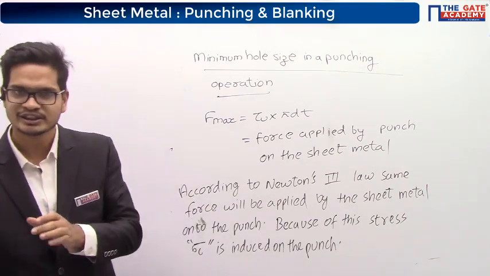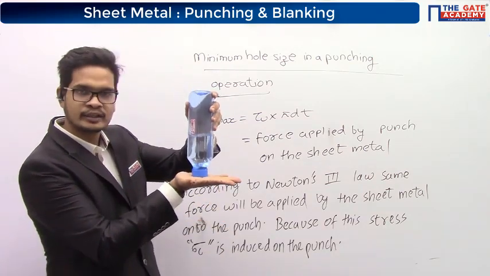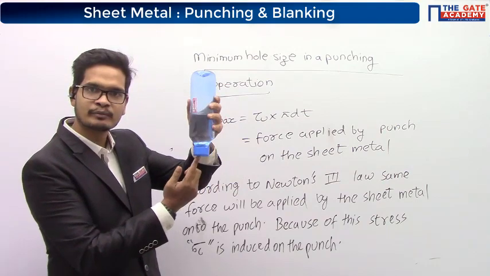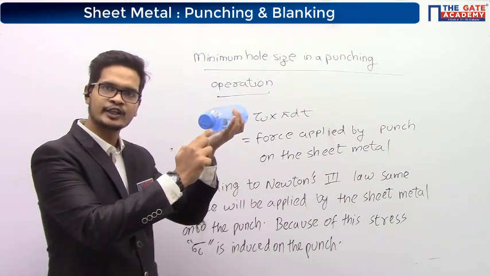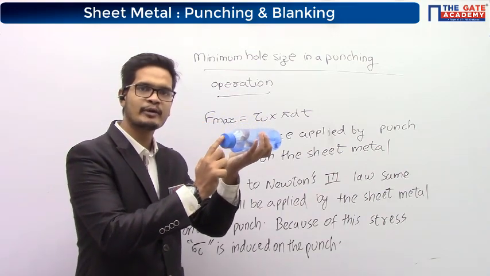If I take a bigger punch, and I am applying the force like this, the sigma C is acting on the entire area of the punch. Right? So what is this area? Pi by 4 d square.